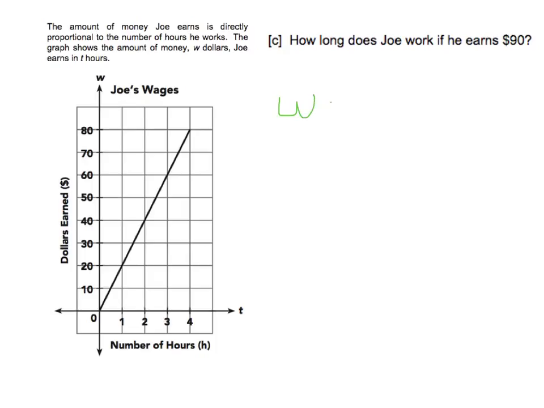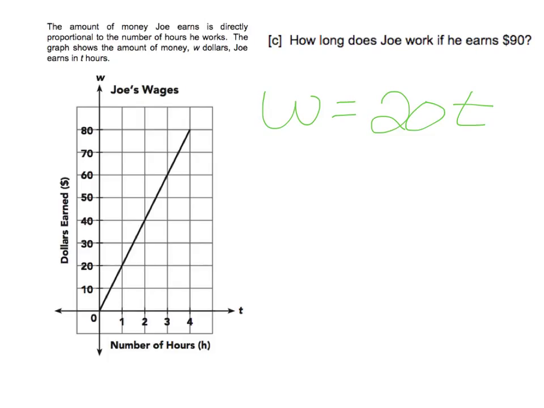So W equals 20 times H. W is like the Y. H is like the X value. I'm sorry, not X. We're going to use T. So W equals 20T. Got to make sure you use the correct variable. So W equals 20T.